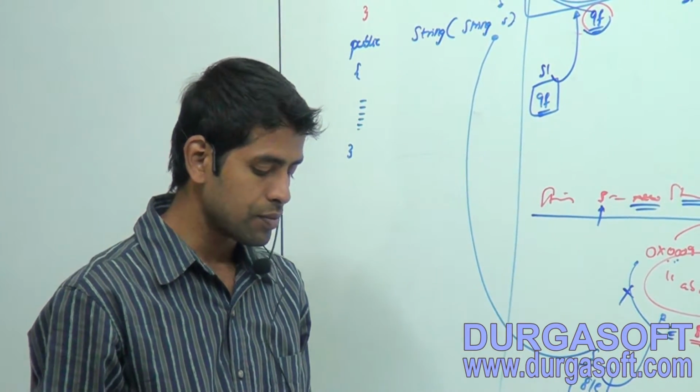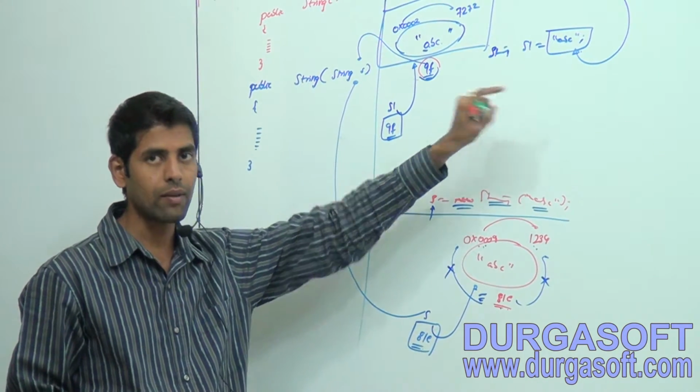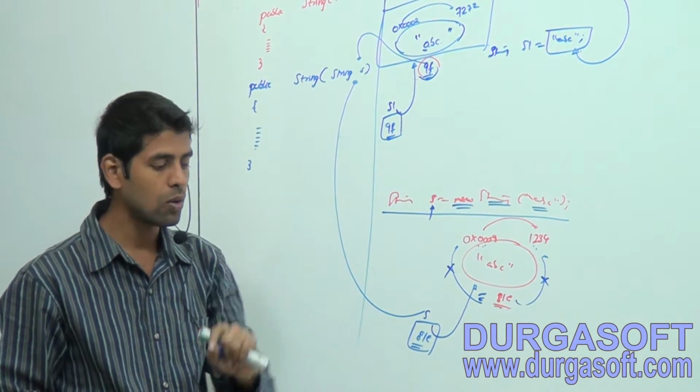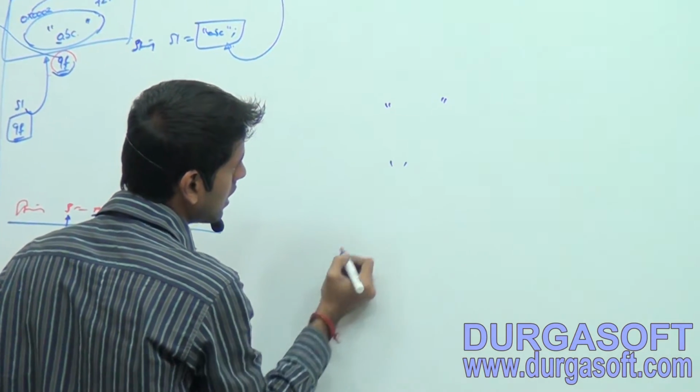Observe here, the JVM and the compiler have knowledge about double quotation and single quotation.